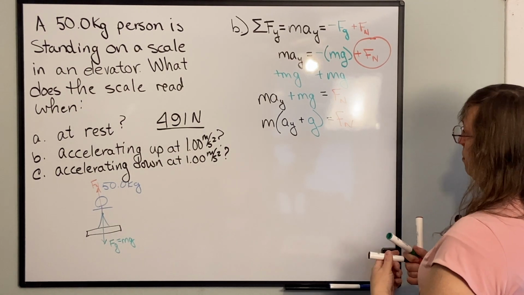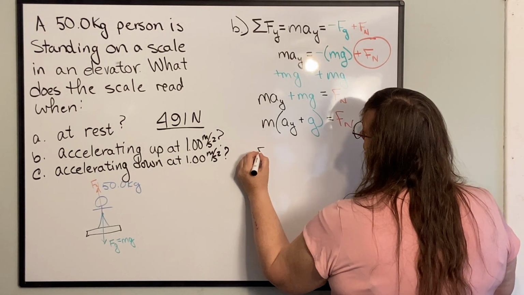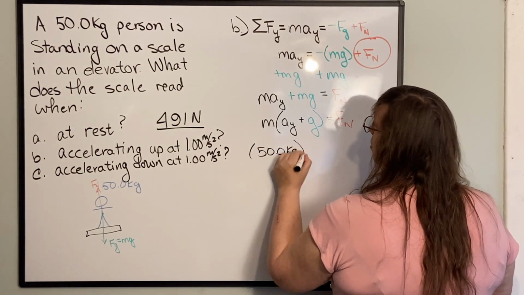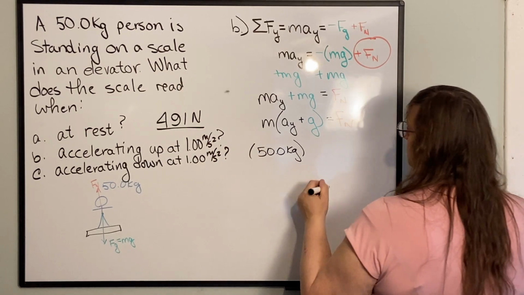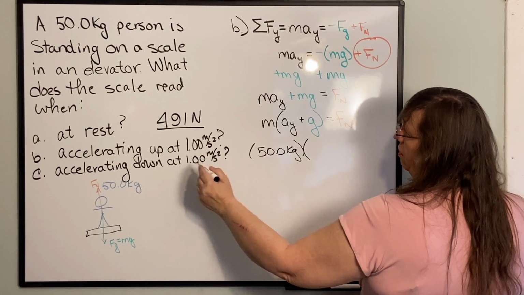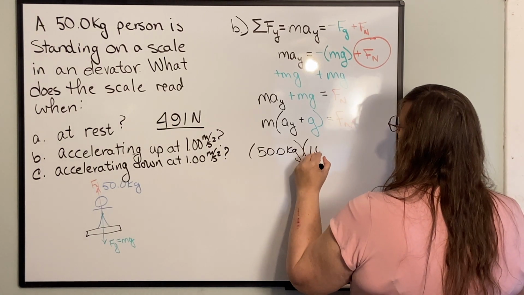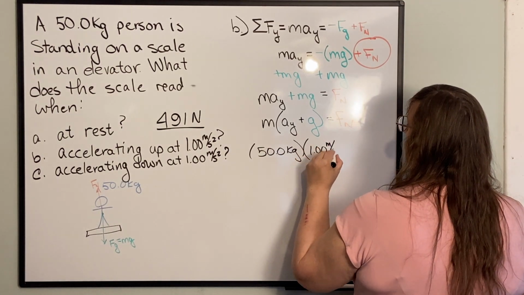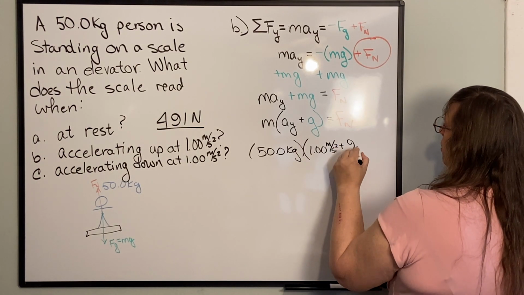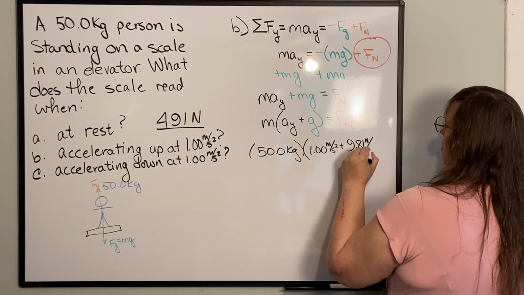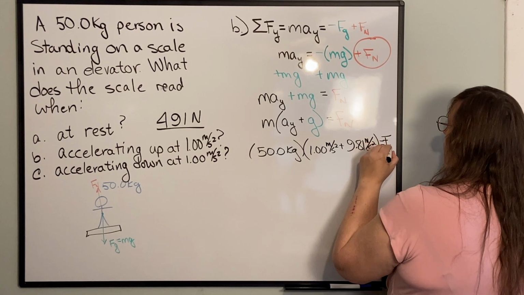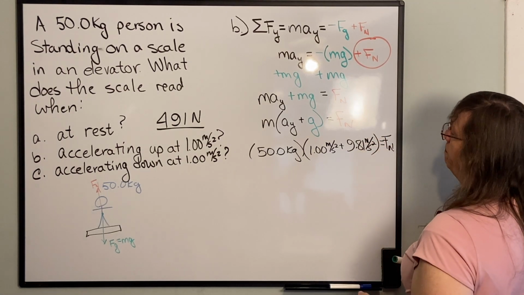Okay. 50.0 kilograms, given to me in my problem, times a_y, we said was 1 meter per second squared going up, plus gravity, 9.81. And that'll equal Fn.